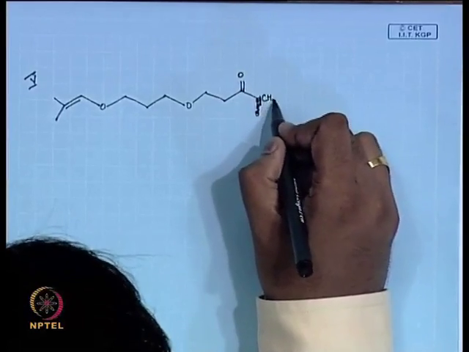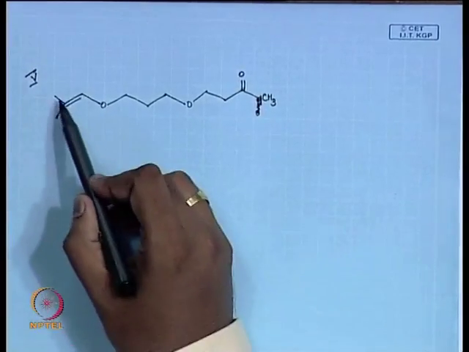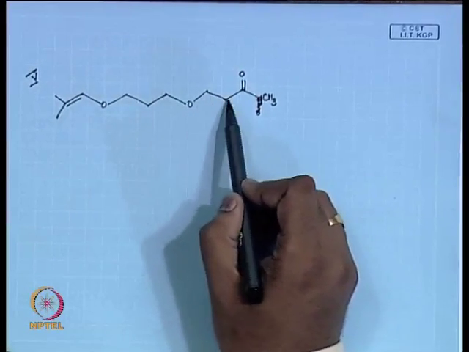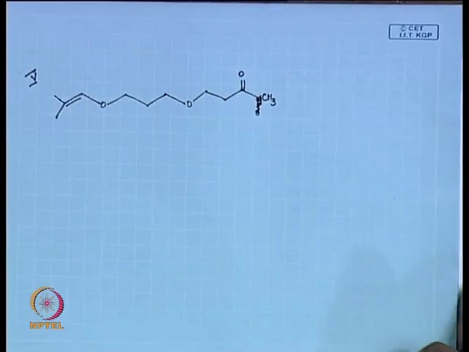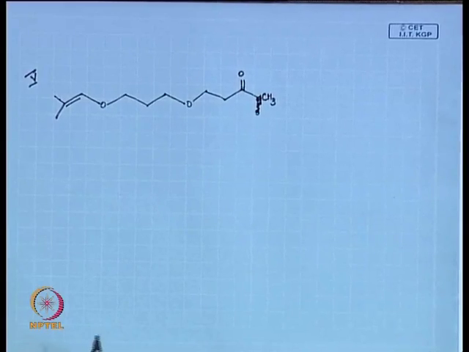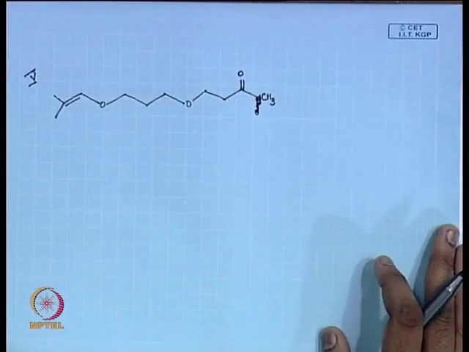And you can have a methyl here. Yes, you have a system like this. It is a type of linear molecule, right? They can always bend around. So, you can now write by yourself what is the product you are expecting.